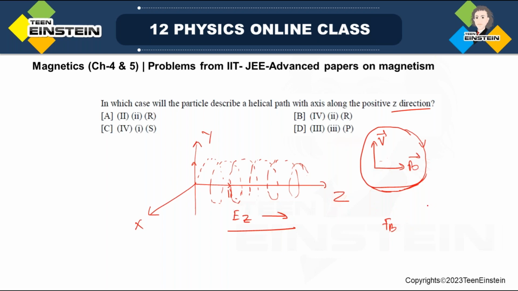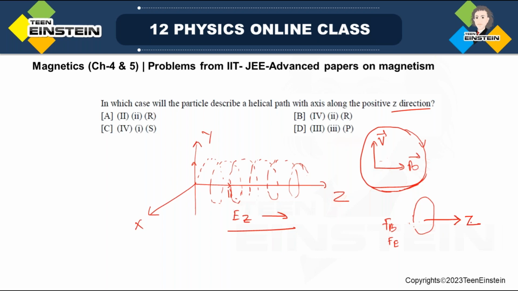And see, if the charged particle is acted upon by two forces, one is electric force, another one is magnetic force, in such a way that the magnetic force is making it have a circular motion like this, but at the same time the electric field is pushing it along the z direction.